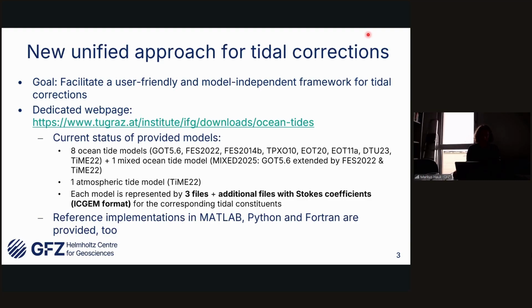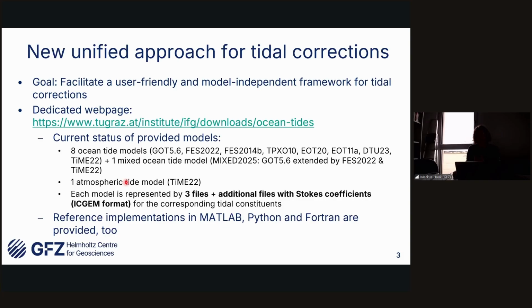There's a dedicated web page here. Currently on that web page, 8 ocean tide models are available. Also one mixed ocean tide model consisting of tidal constituents composed from 3 different independent models. Also one atmospheric tide model is available. Each model is represented by 3 files.